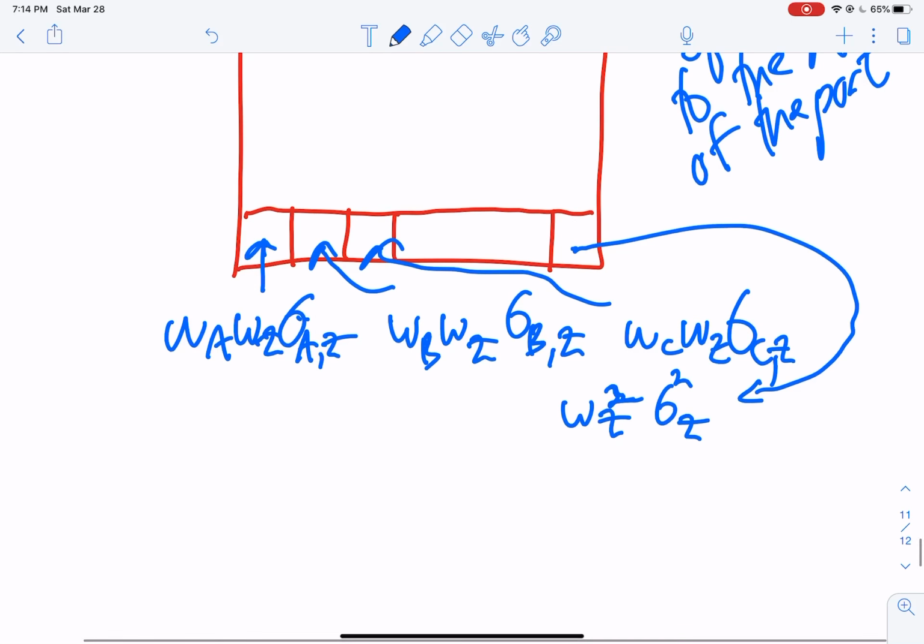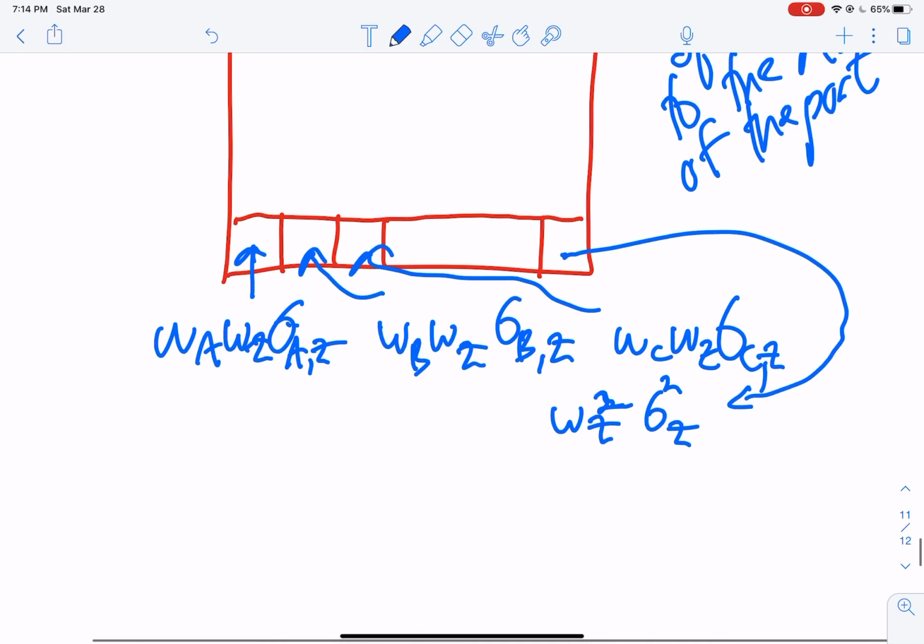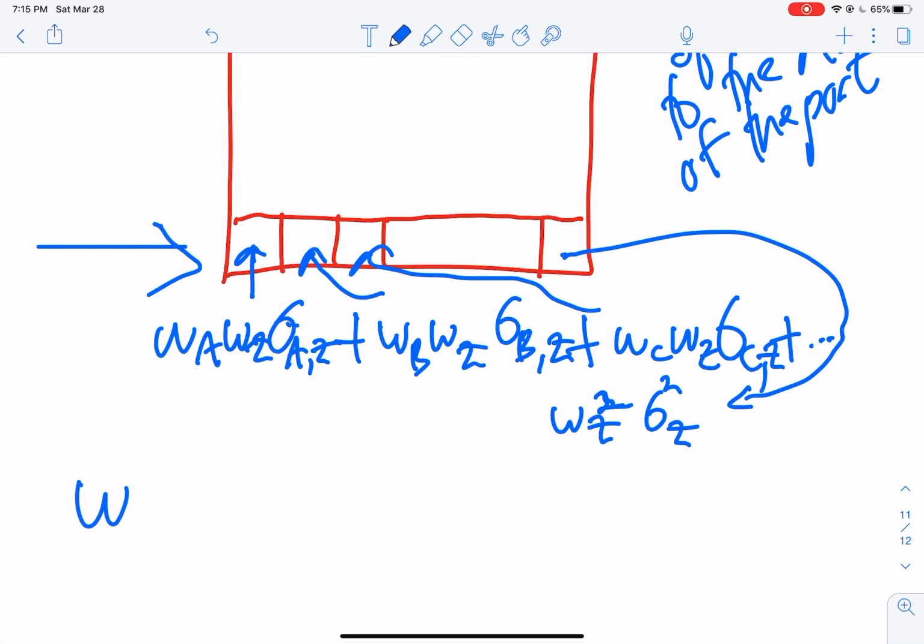Okay, so now I'm going to put a plus sign here, and I'll put a plus dot, dot, dot, and then this term, because we're leaving out a lot. And that's going to represent this last row, the contribution of Z to the risk of the portfolio. And now I'm going to factor out the only term that I can factor out, it's WZ.